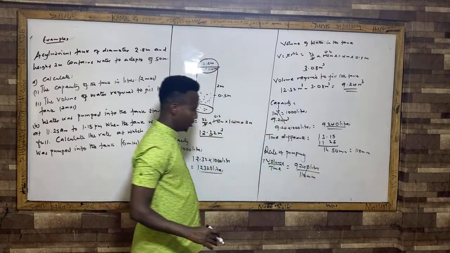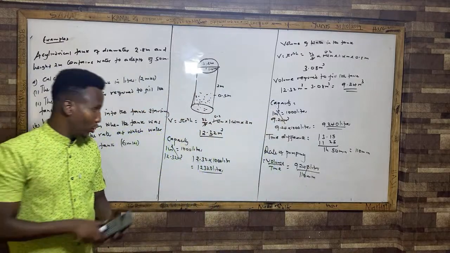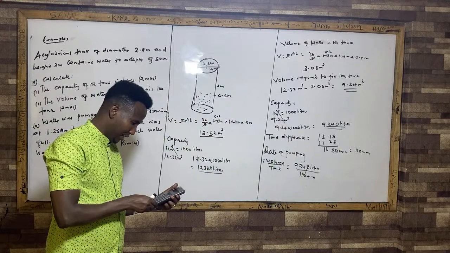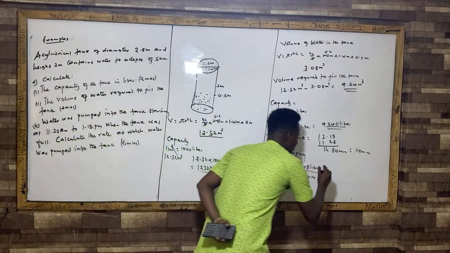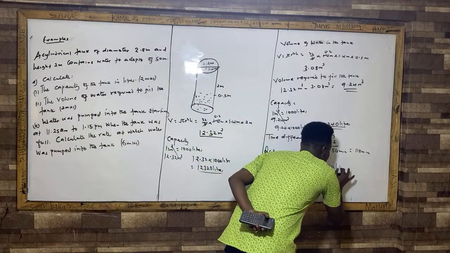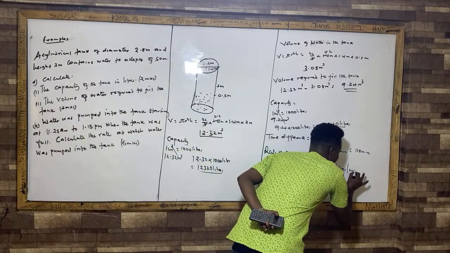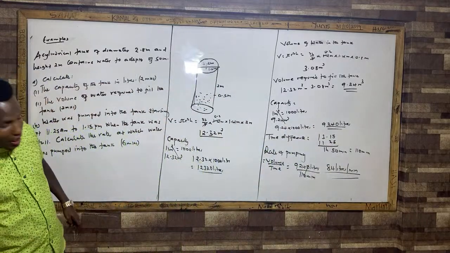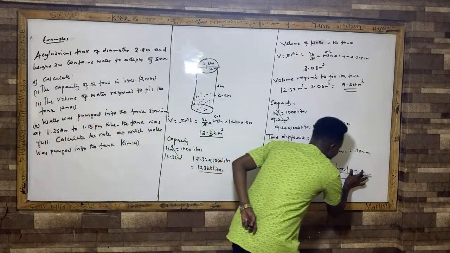So cancel the zero. 924 divided by 11 is 84. So we're going to say 84 liters per minute, because our time is in minutes.